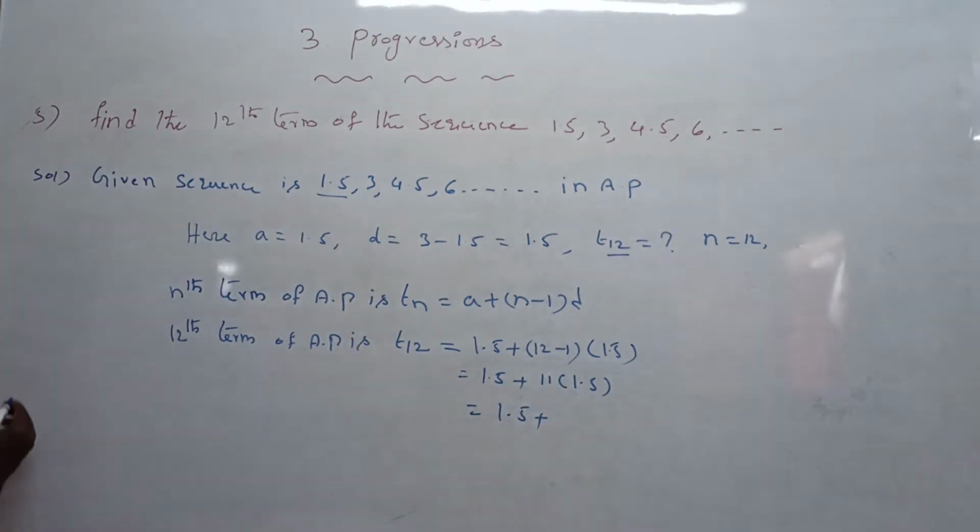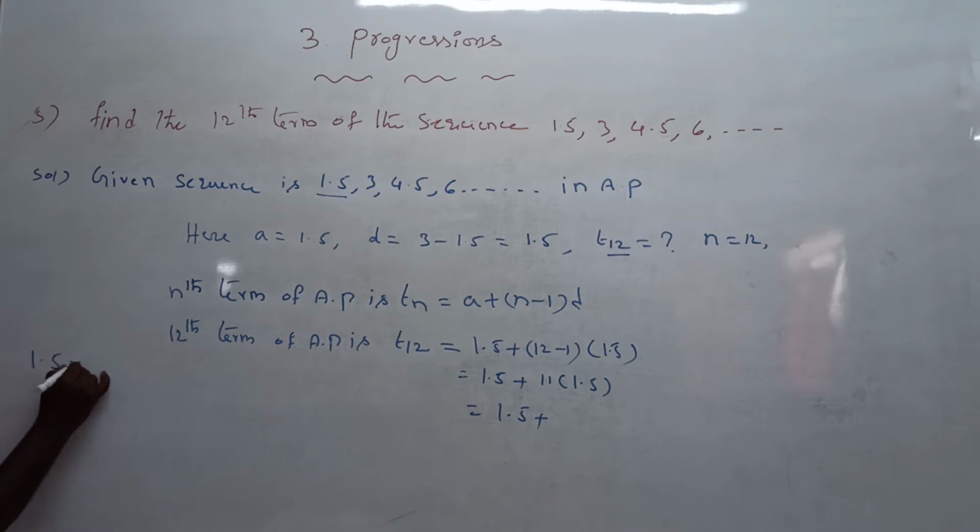How to calculate? Listen carefully. 1.5 into 11. 11 times 5 is 55, so 5 carries, and 11 into 1 is 11, 11 plus 5 is 16. So one digit after the point, you are writing one digit after the point. Now we get 16.5.